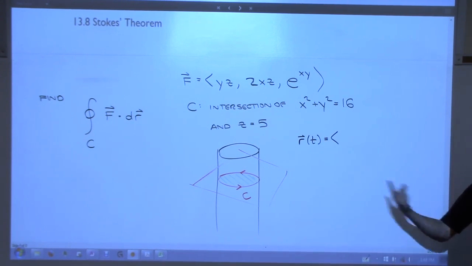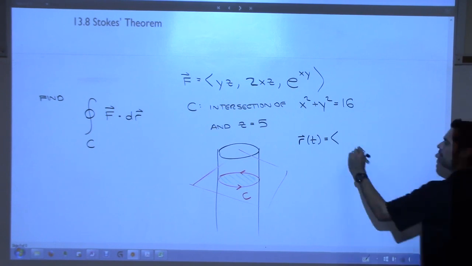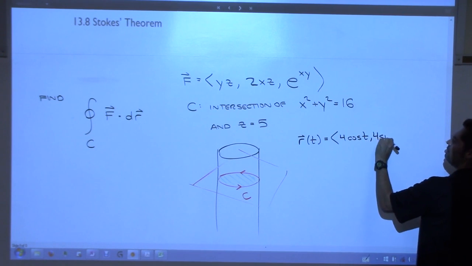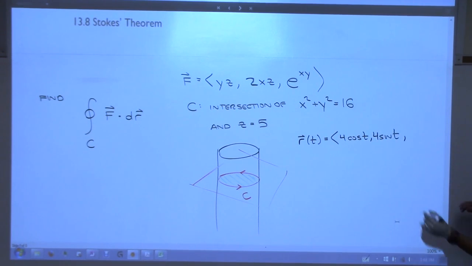What is that? I mean, that's a circle, right? Radius 4. And that's basically in the xy plane, but just moved up. So I could say 4 cosine t, 4 sine t. And what about my z? It's 5, constant, right? That would draw it, wouldn't it?